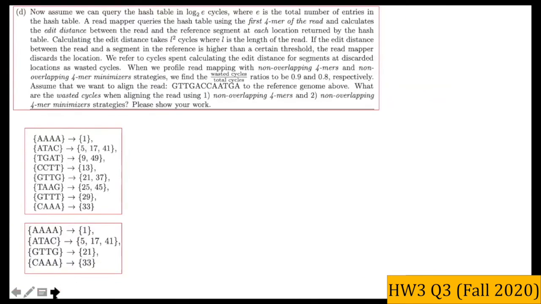Okay, now let's go to the fourth point, and it's the last point in this question. Here, we assume we can query the hash table in this much number of cycles, where E is the total number of entries in the hash table. Okay, and now a read mapper queries the hash table using the first 4-mer of the read.